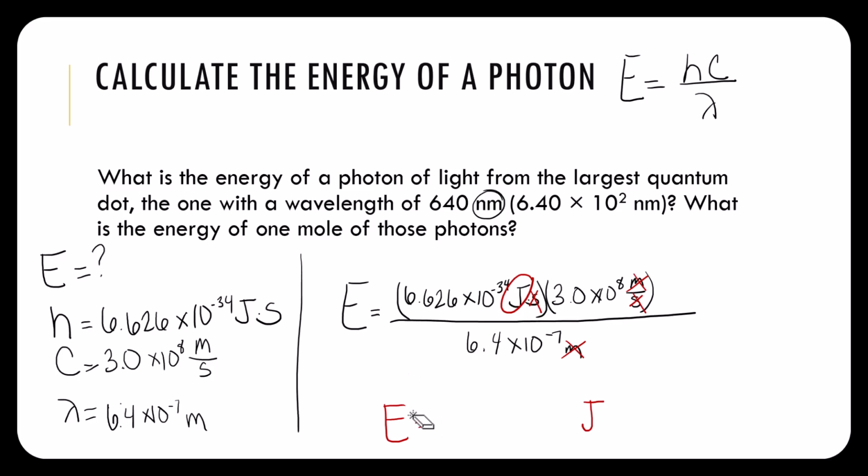And we get 3.10 times 10 to the negative 19th joules. So the energy associated with that photon of light is 3.10 times 10 to the negative 19th joules.